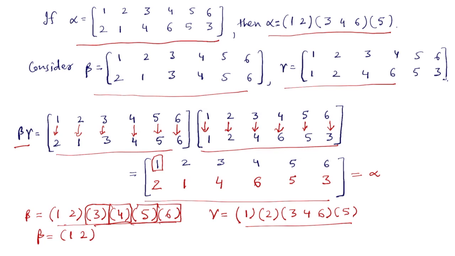Other symbols that are not appearing, we understood that they are going to themselves. So 3, 4, 5, 6 are not appearing in beta. So 3 goes to 3, 4 goes to 4, 5 goes to 5, and 6 goes to 6. Similarly, gamma we can write down as (3 4 6) only. And alpha we can write down as (1 2)(3 4 6). And so we can see that alpha is a product of beta and gamma. This is in cycle notation form.